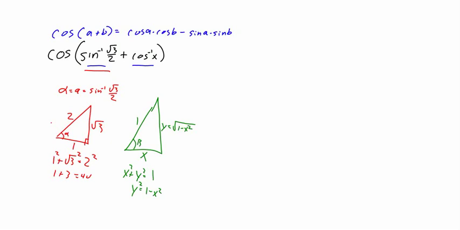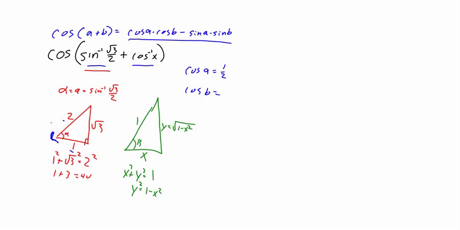We have all the information we need to enter it into our longer equation up here. So cosine of A will come from this triangle right here. So cosine of A is going to be 1/2. I'll write it here, cosine of A is equal to 1/2.